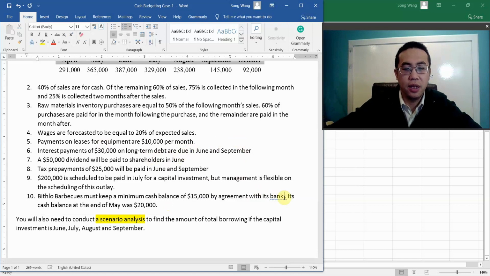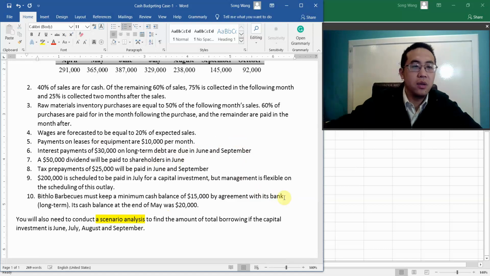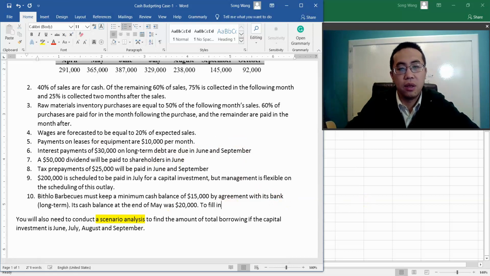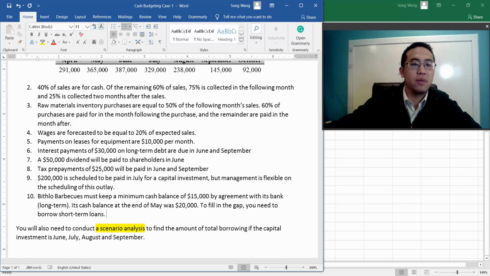Well, this definitely is a long term. So to fill in the gap, you need to borrow short-term loans, which is different than bank loans.